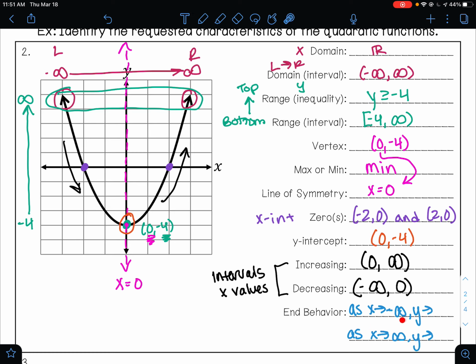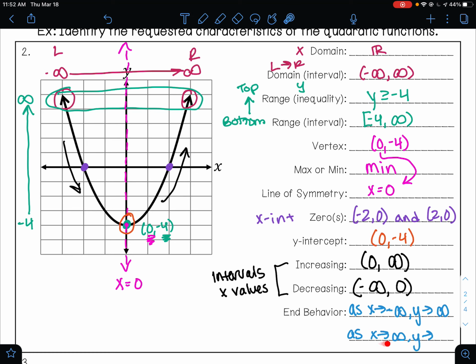So as x approaches negative infinity, again, we're looking at the left side. My graph is pointing up. Well, if it's going up, then y is going to positive infinity.